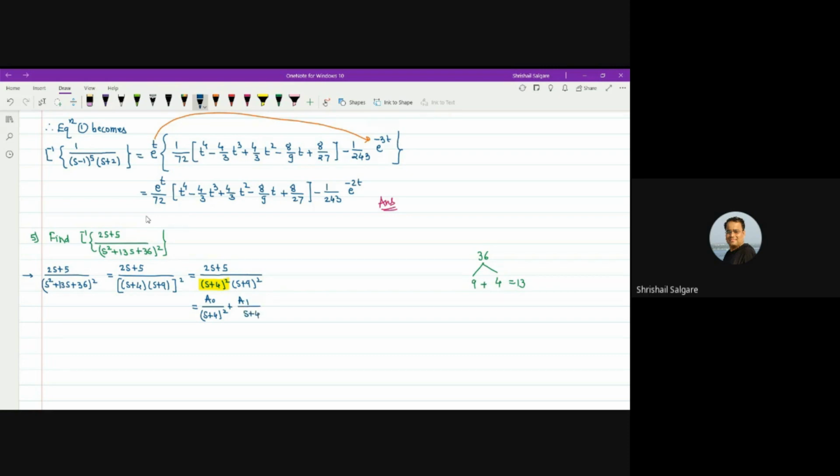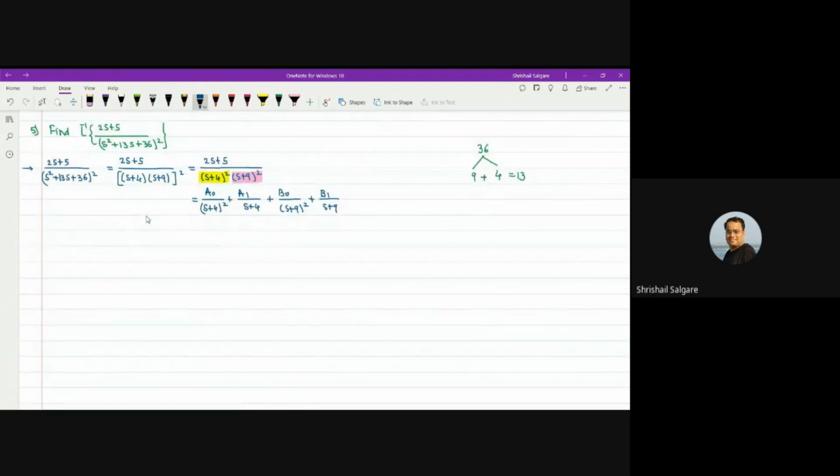So the effect of the first repeated factor is over. And for s plus 9 bracket square, I will take b0 upon s plus 9 bracket square plus b1 upon s plus 9. So once again, I write the formula for your reference.